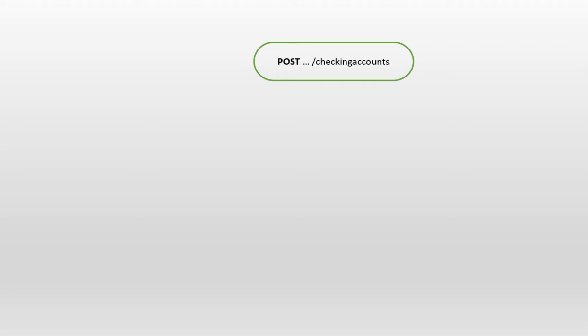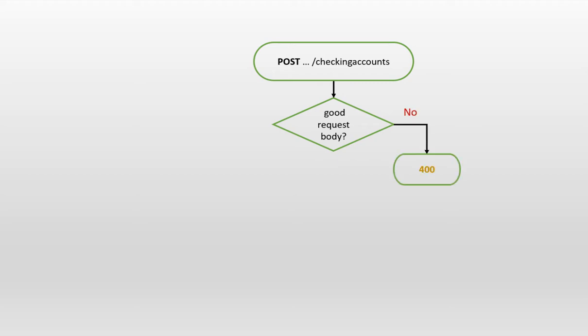So after the API is called, the first task is to validate the request body. If the validation fails, the API will return 400, which means bad request. If the request body is good, the API will try to create a resource, in this case, a new checking account.